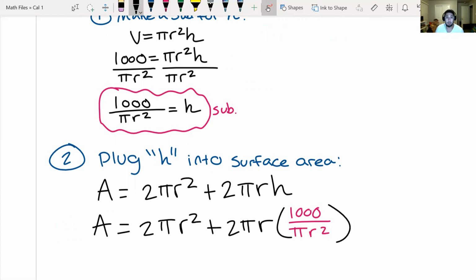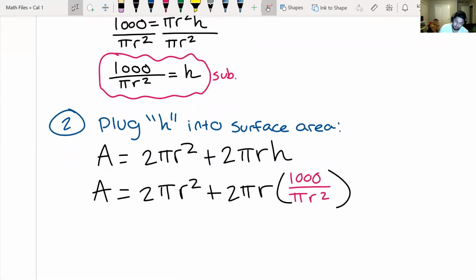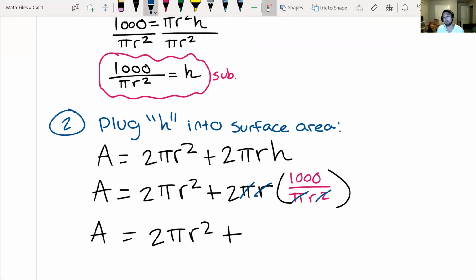Okay, so we are making a substitution for h, and cleaning up some more, you get A equals 2 pi r squared plus, and what happens here is that this pi and that pi cancel, this r and that r squared cancel, and what you're left with is 2,000 r to the negative 1.